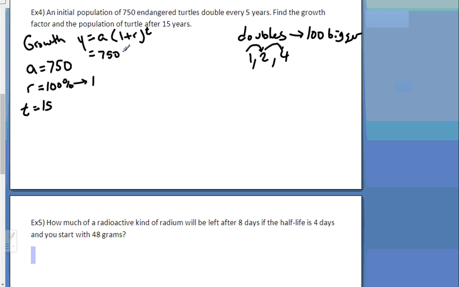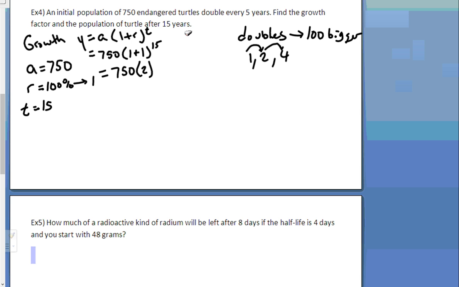All right, fill in the blanks. 750 times 1 plus 1 to the 15th power, which means 750 to the 2. Now, real quick, I made a big mistake right now.